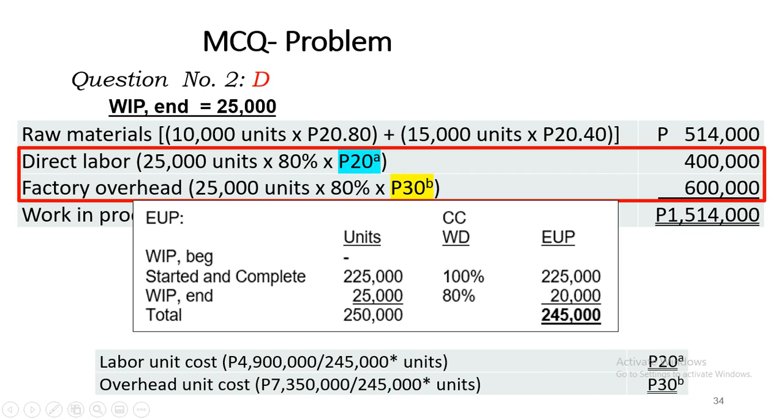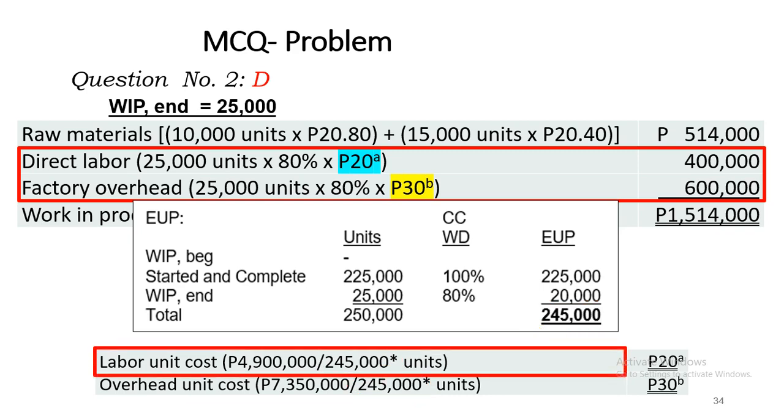The work in process ending, 25,000, is 80% completed, so the equivalent unit is 20,000. Therefore, the total EUP is 245,000.